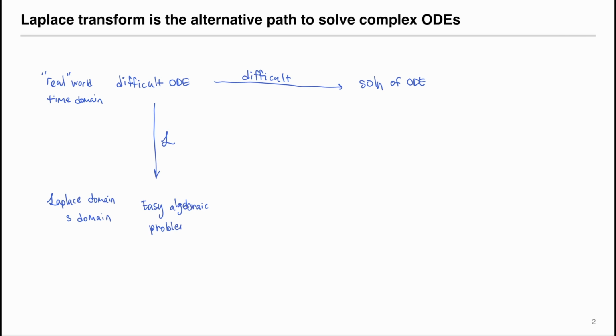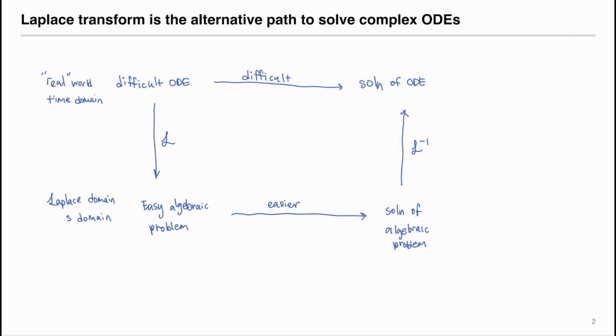Solving an algebraic problem is easier than solving an ordinary differential equation. So you get the solution of the algebraic equation, and then we perform inverse Laplace transform to get the solution of the original ODE.